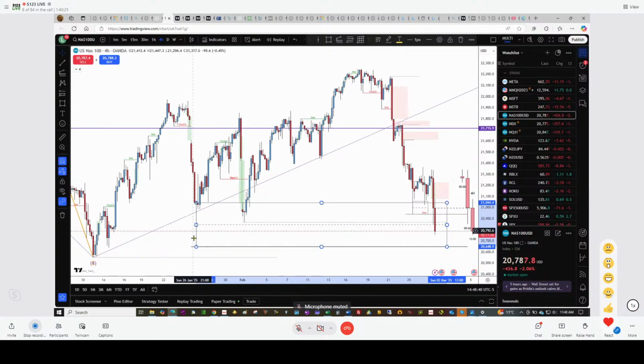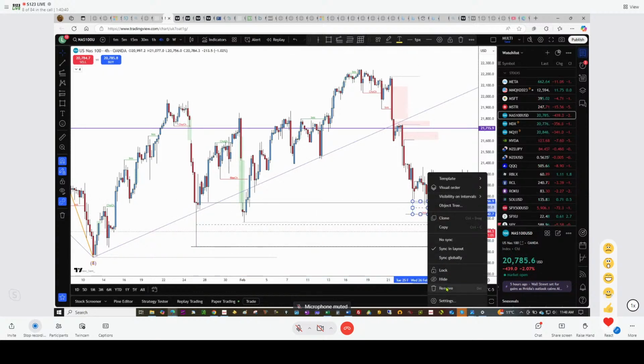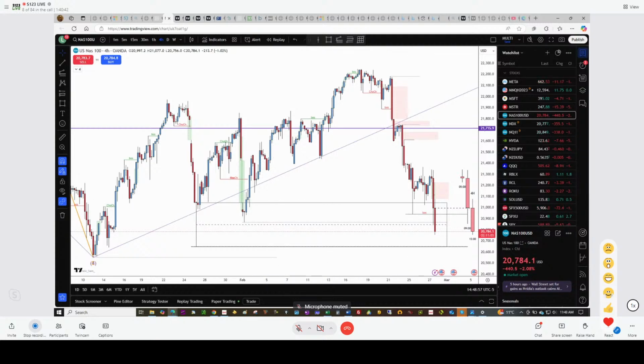So it can't go down any further? Down below? I'm not sure what you mean. Okay, so this tail right here. Price could go lower. Oh, certainly price could go lower. Yes, they could come and take this low out.